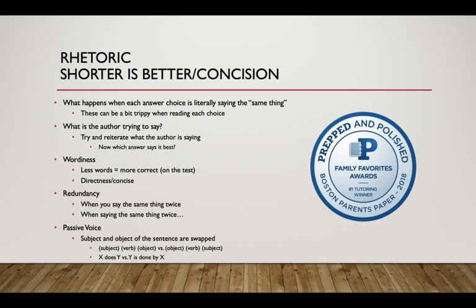In this case, though, object and subject are flipped. Another fun way to think about this is X does Y versus Y is done by X. Notice how many extra words I have in there. This is why passive voice is considered incorrect, because it uses up too many extra words. Let's take a look at a couple examples.